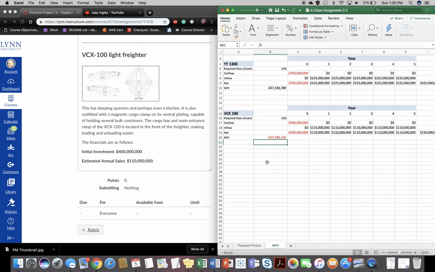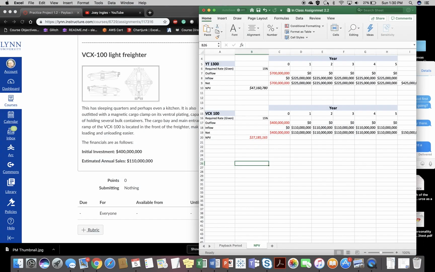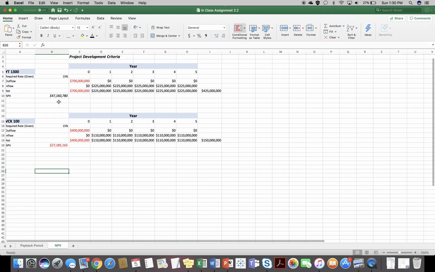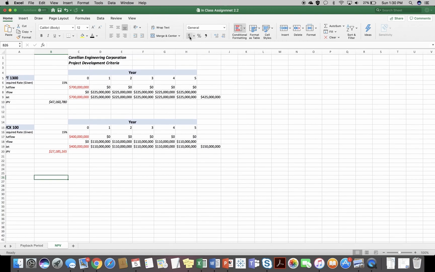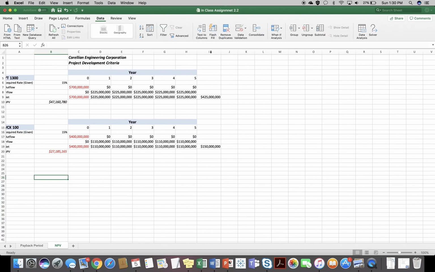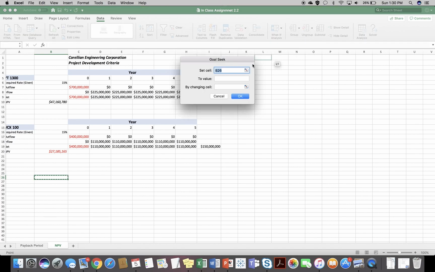If you want to take it a step further, you can actually have Excel calculate what the real required rate of return is. That is, we can go to Data, What If Analysis, Goal Seek.